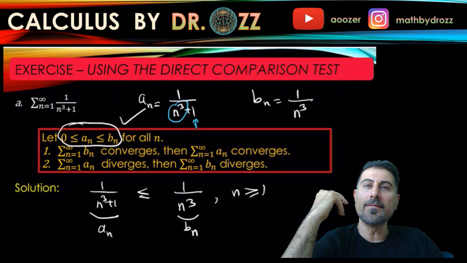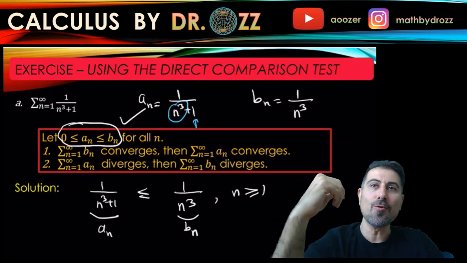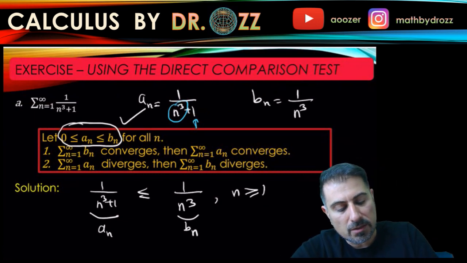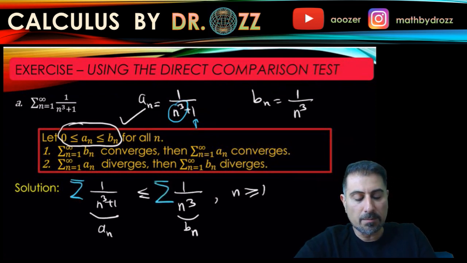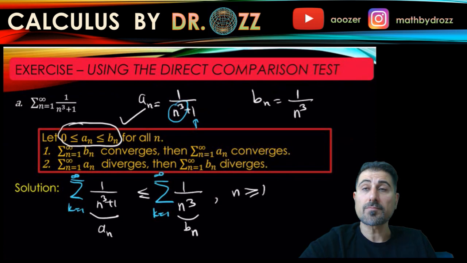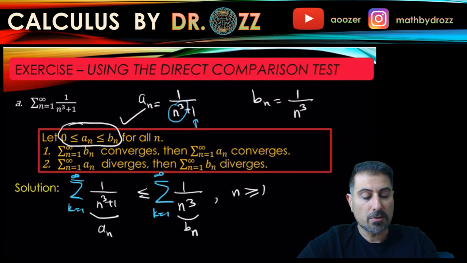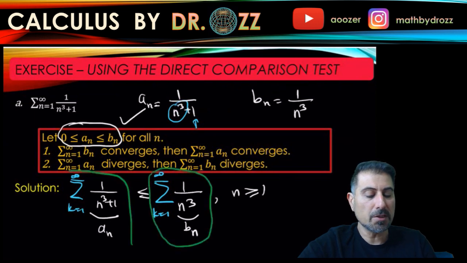In fact, the better news here is that I know a lot about the series 1 over n cubed. If there is an inequality like that and I add the infinite sum, nothing is going to change. The infinite sum here, if it's convergent, is going to be larger than this infinite sum here.